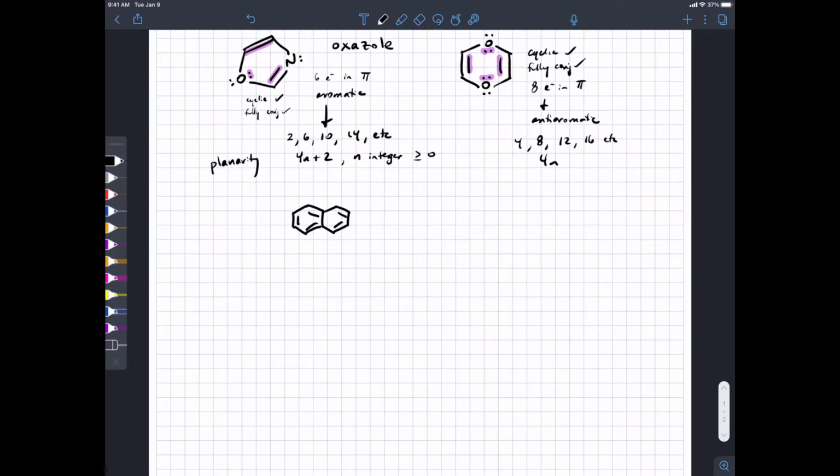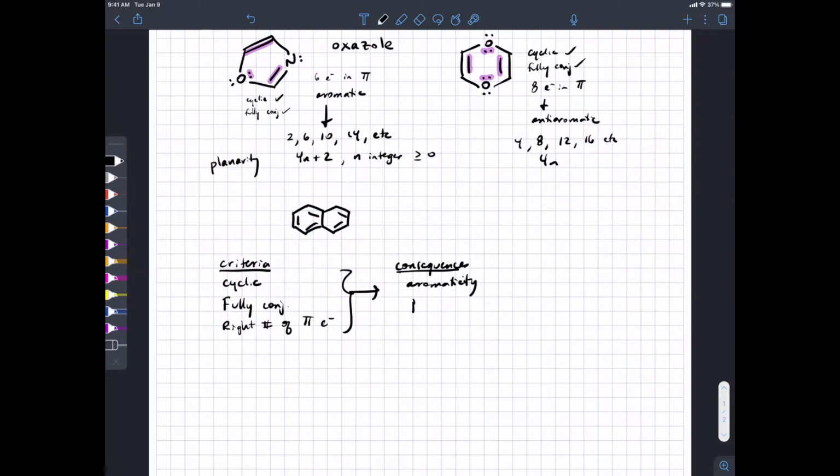Well, basically, what you need to worry about is the main criteria for aromaticity are cyclic, fully conjugated, and then the right number of pi electrons. And if you have that, the consequences are aromaticity, which comes with planarity.